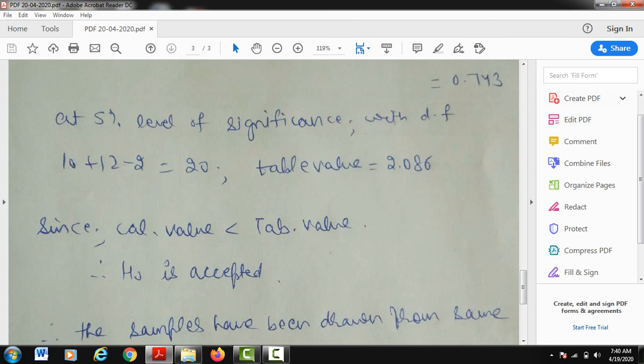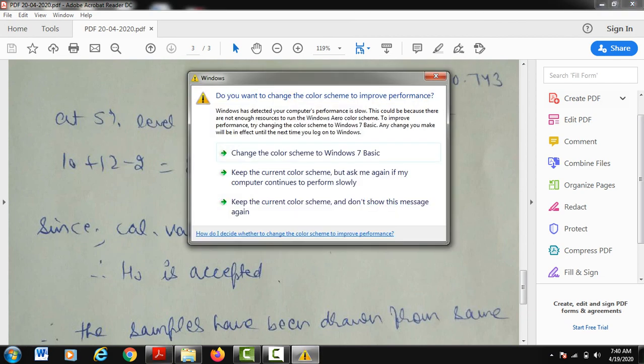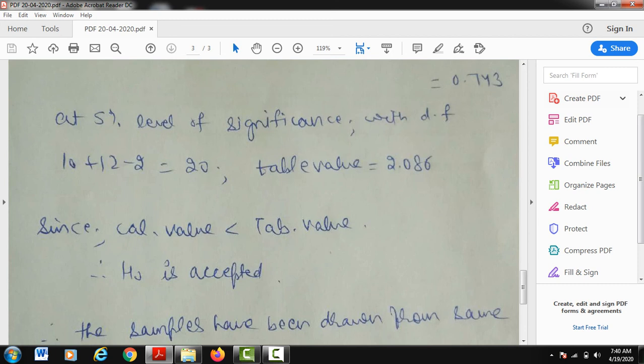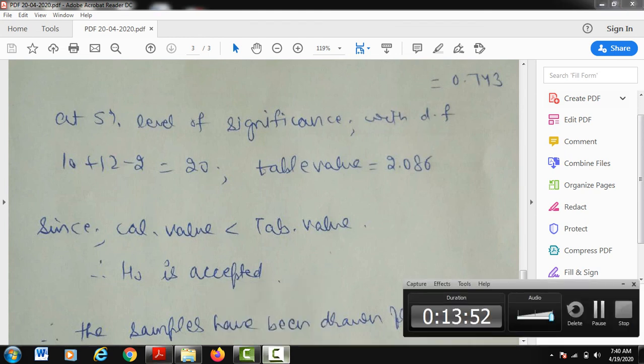There is a compulsion that we always have to apply f-test first, then t-test. The reason behind it is that t-test is applicable only if there is equality between the variances of two samples or two populations. So if they are not equal, then we cannot apply it. So this is a compulsion that we have to firstly apply the f-test by using the variance ratio test.